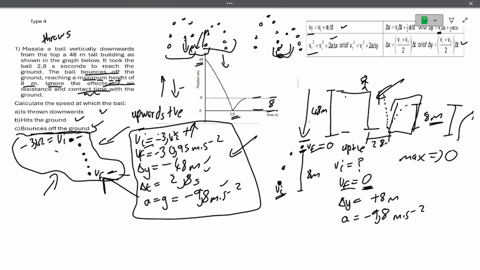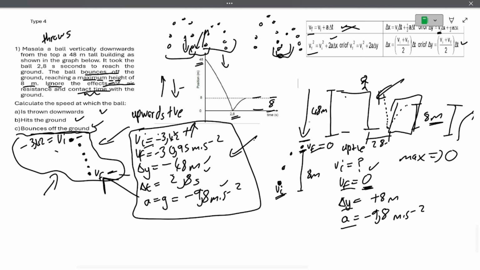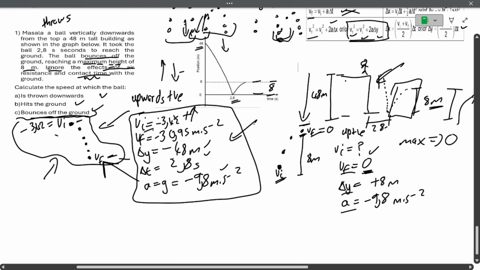Now, knowing this and this and this, we can solve for this. Let's find the right formula. This one has change in time, we cannot use it. Let's check this one. It has everything that we have, so we are going to solve for V initial in that formula. So that was the trick there, to know that the 8 meters is taken as the maximum height.